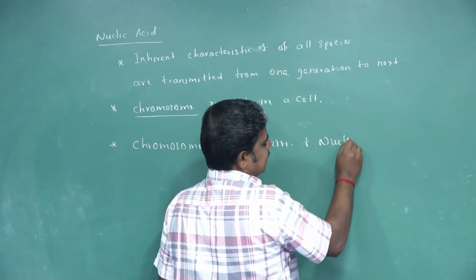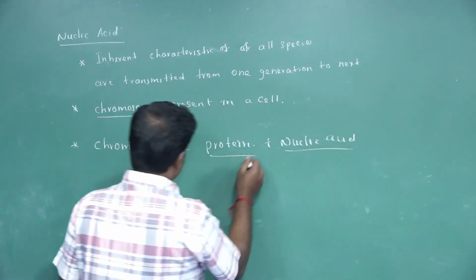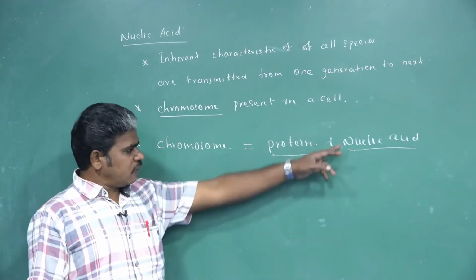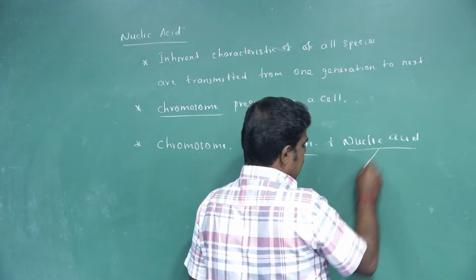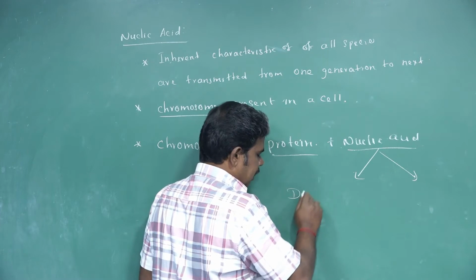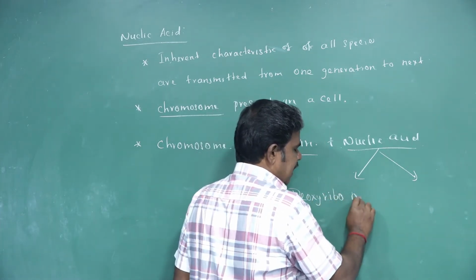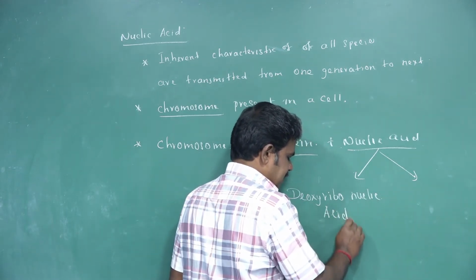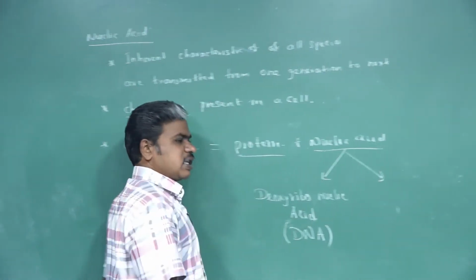So nucleic acid. The chromosome is made up of protein and nucleic acid. Now we may discuss nucleic acid, and the nucleic acids are of two types. One is deoxyribonucleic acid, known as DNA.